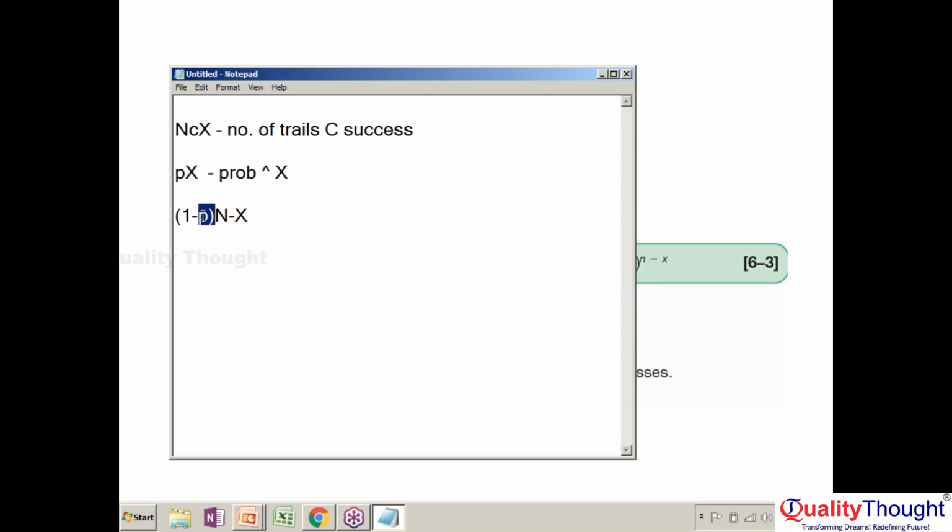Because 1 minus P represents the failures, failures to the power of the number of failed trials. So how do you get the failed trials? You have to subtract the number of successful trials, so n minus x. Hope you understood this one.